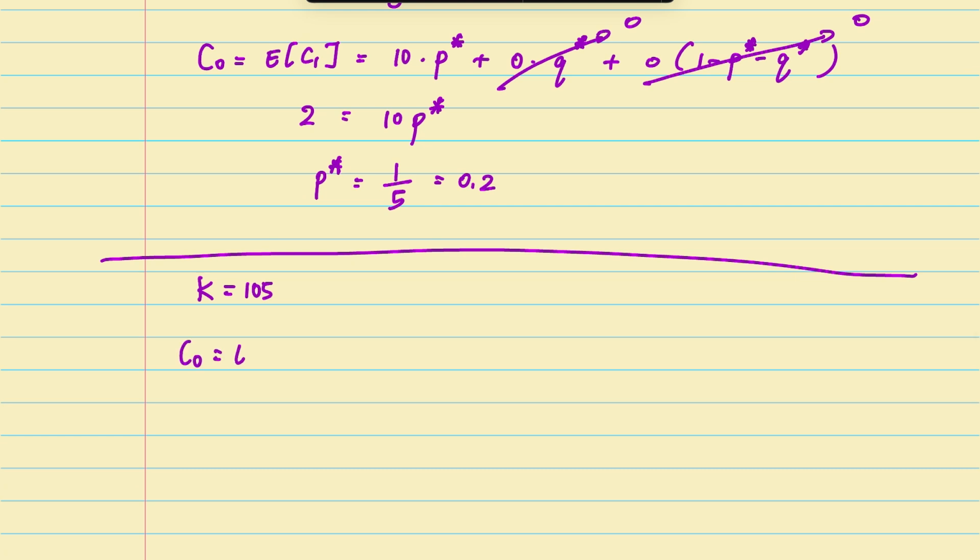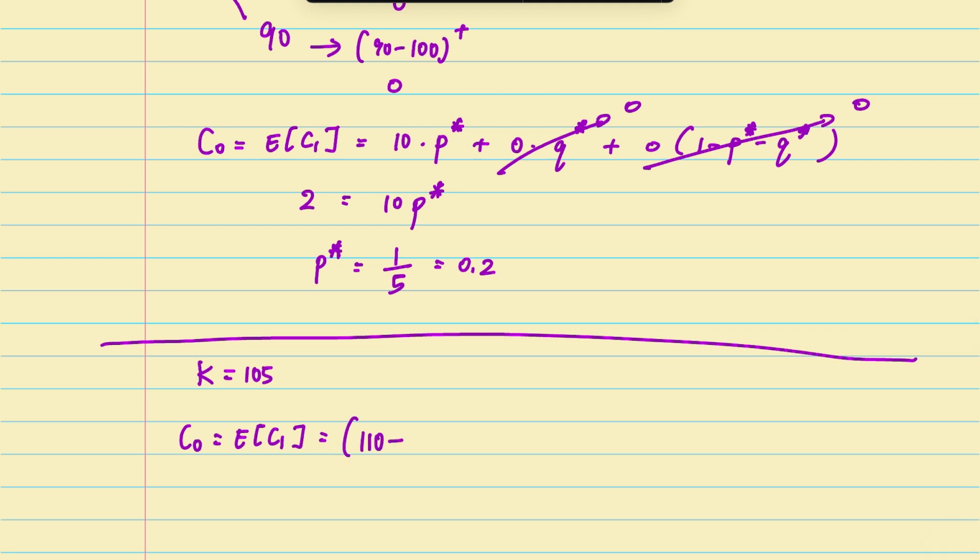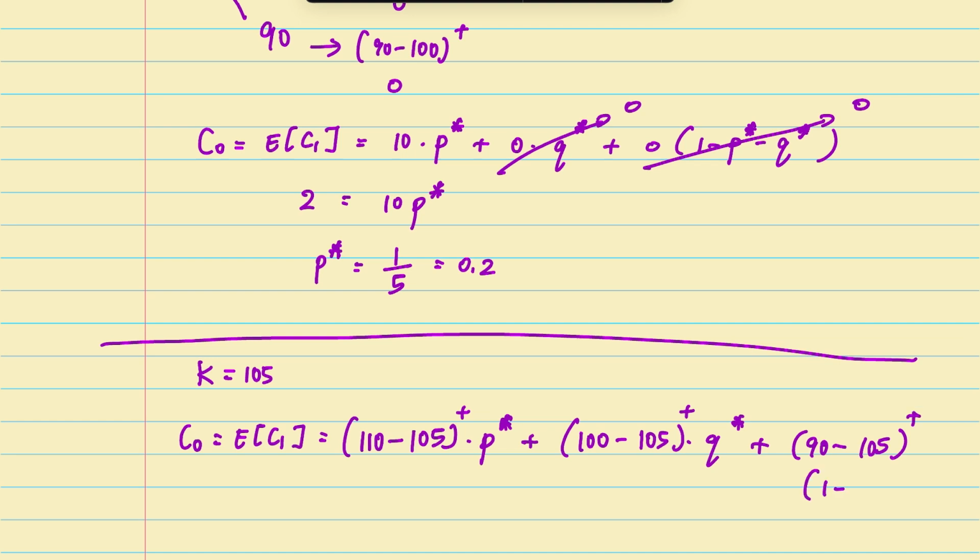So C0 equals the expectation of C1 equals, now it is 110 minus 105 times P star plus 100 minus 105 times Q star plus 90 minus 105 times 1 minus P star minus Q star.